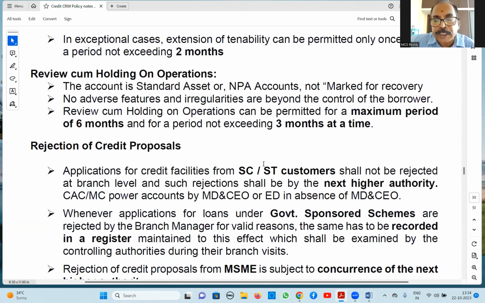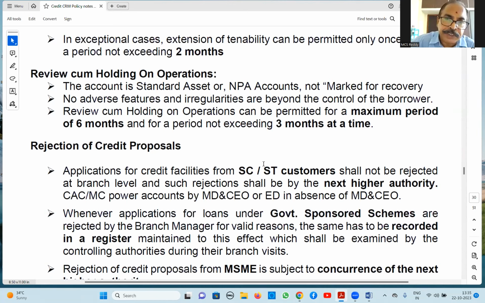But for holding on operations, the condition is that liability will be frozen. Liability freezing means liability should not go beyond the level accepted at the time of holding on operations. Suppose the party's limit is 10 crores, and at the time of permitting holding on operations liability is 8 crores. So for the next 6 months you are extending time, liability should not go beyond 8 crores at any point of time.